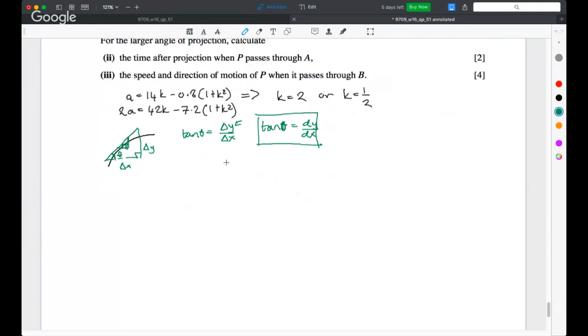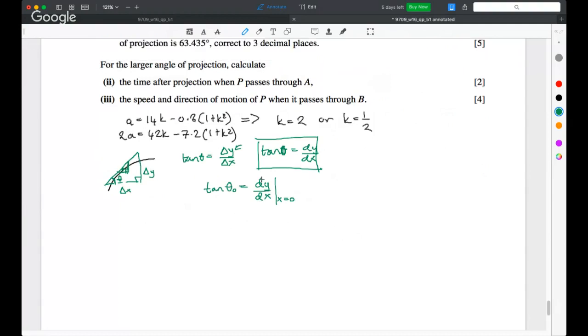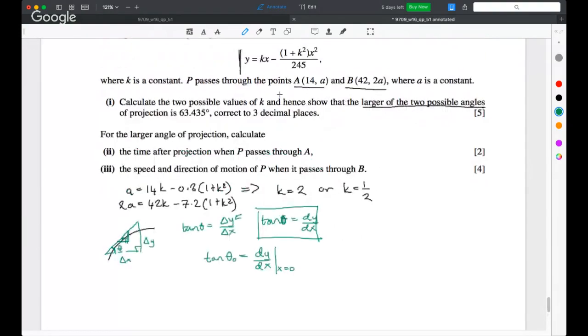Now, we are evaluating it at the very beginning. That is our angle of projection. It's what it was projected at time equals 0. So the tan of our theta, let's call it theta naught, is equal to dy dx evaluated at x equal to 0. Now, what is that? Well, we're given an expression for y.